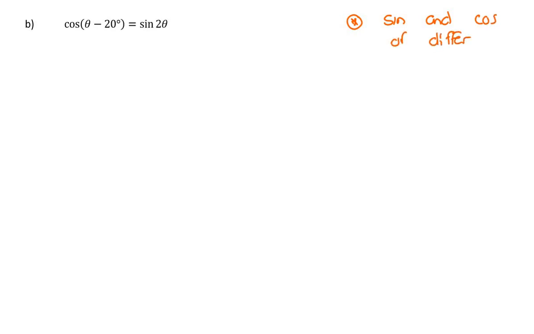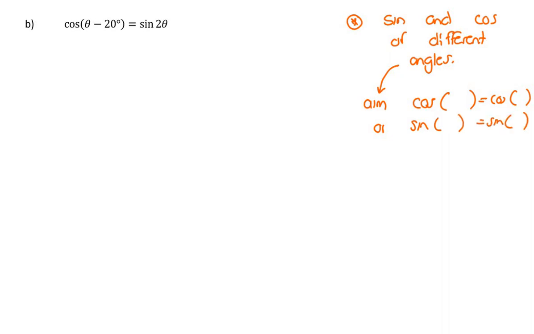What we want to do is not have sine equals cos. What we would prefer, our aim, is to have cos of an angle equals cos of an angle, or sine equals sine. And I'll explain why in a moment.